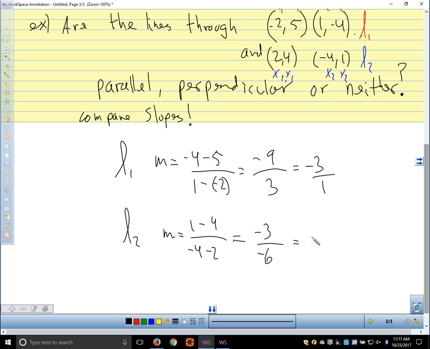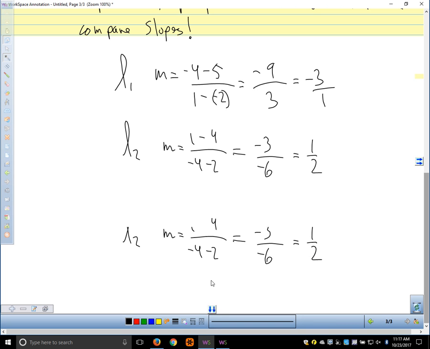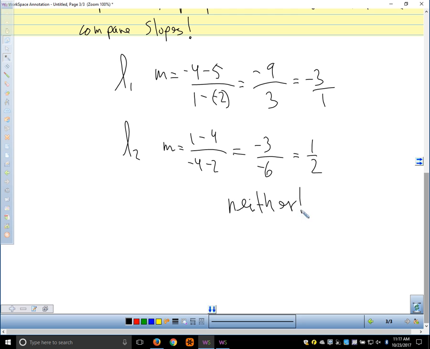And this reduces to 1/2. 1/2, definitely not negative 3 over 1. 1/2 is not the negative reciprocal of this, not 1/3. So these lines are neither parallel nor perpendicular. So they're just two lines that eventually intersect somewhere.